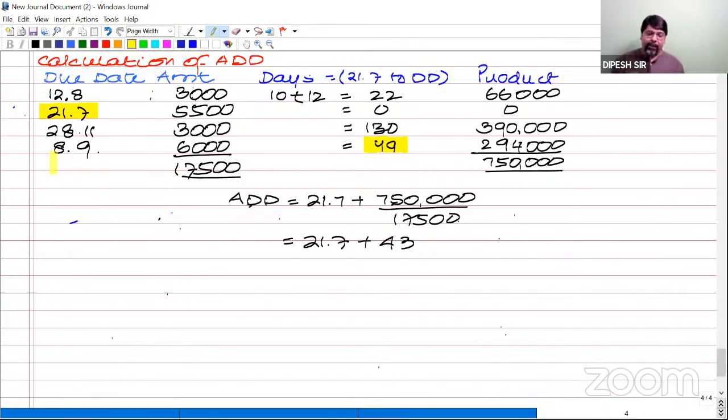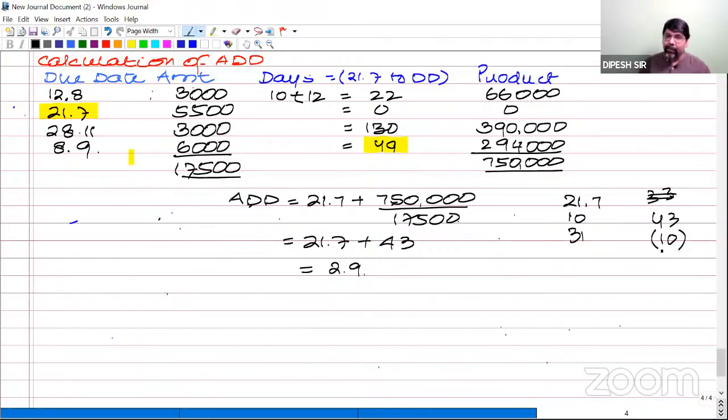If you add 43 days, that means 6 days less, so 8th September minus 6 days becomes 2nd September. Or you can see 21/7 plus 10 days, July is over, but we are left with 33 days. Then August's 31. You had 43 days; if you subtract 10, July is over.